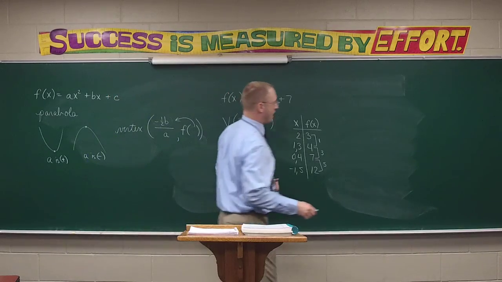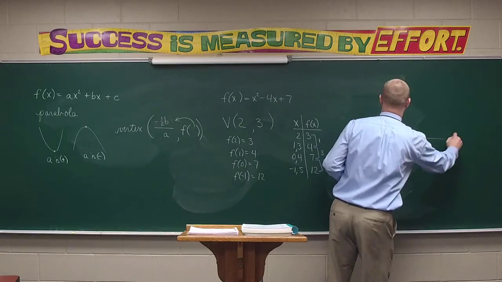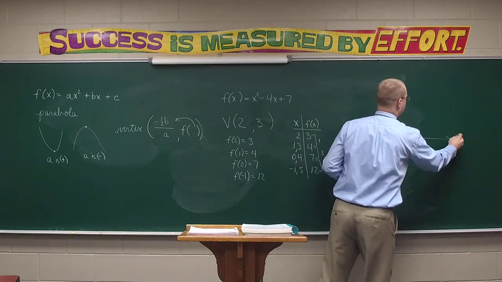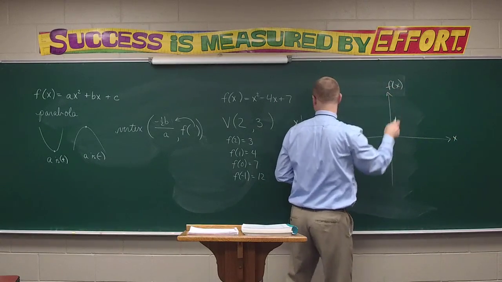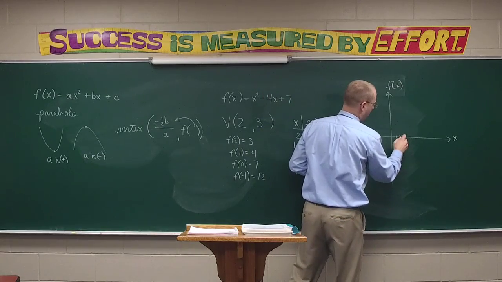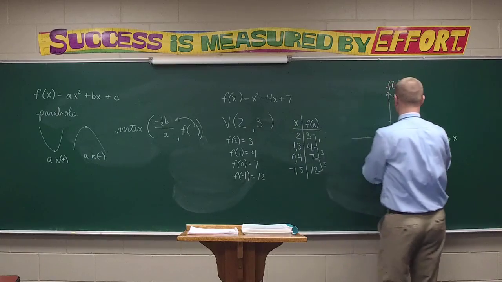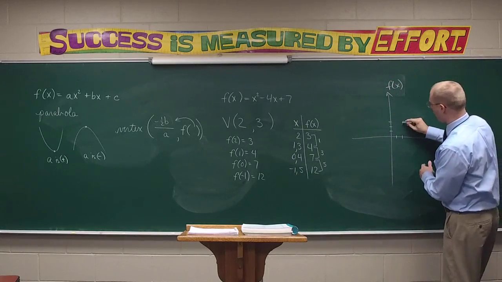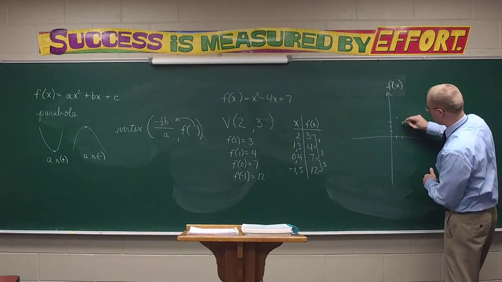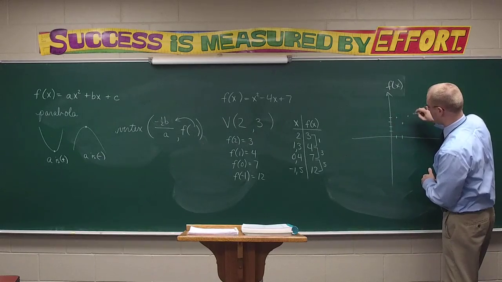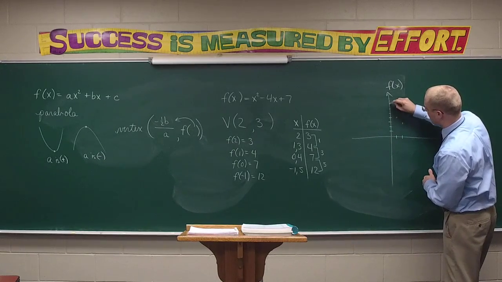So if I wanted to graph it, and for now I'll just show a quick sketch graph. We'll do detailed graphs later. But we could plot our vertex at 2, 3, and then in a sense, class, you're going to go over 1, up 1. Then you're going to go over 1, up 3.